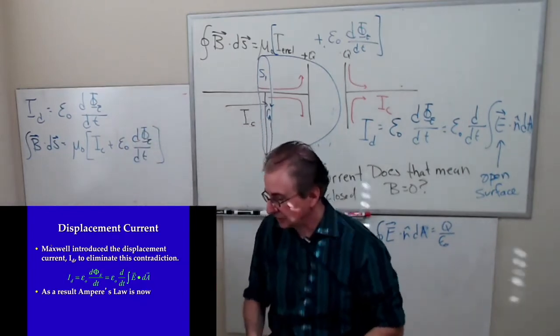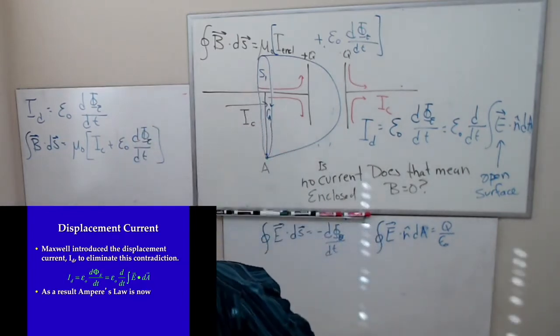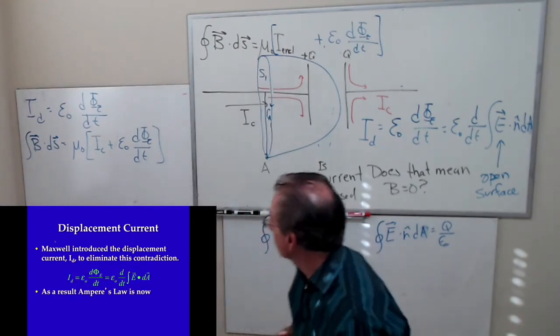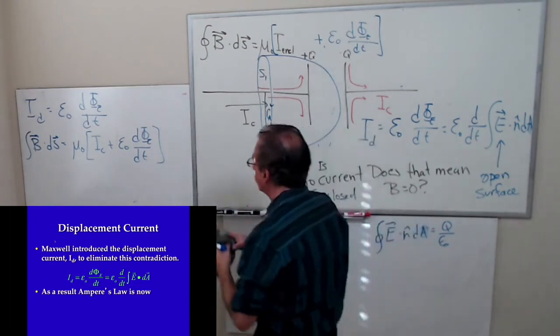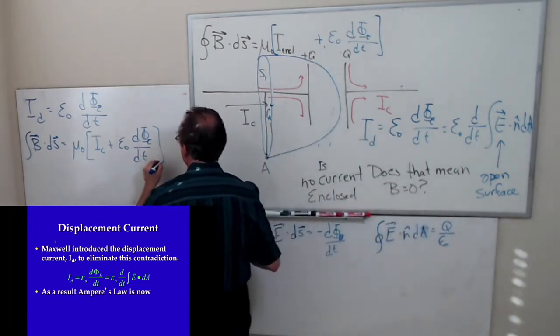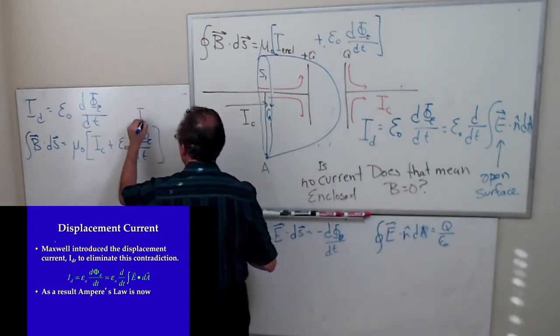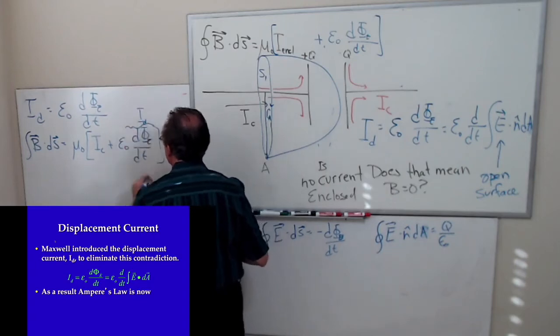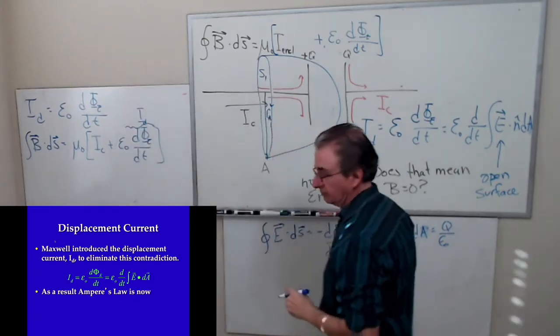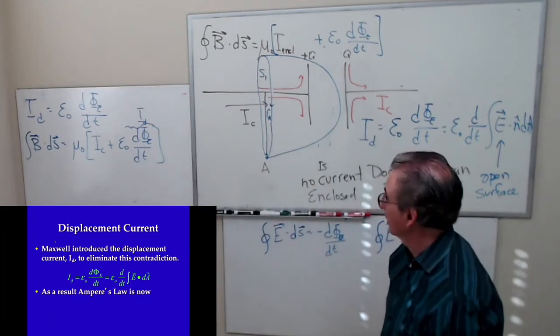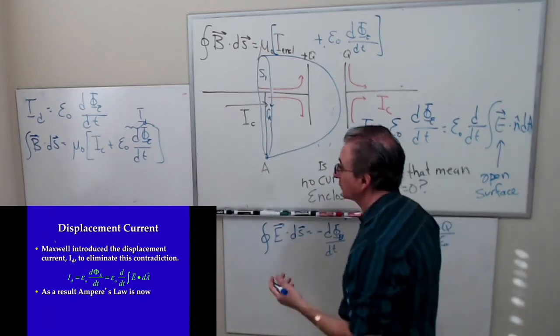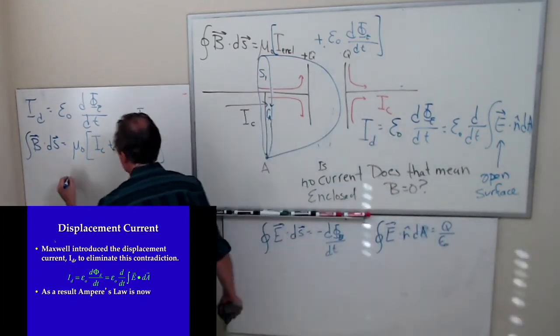So Ampere's law looks like this now. Okay? And this term is called a displacement current. You can also write it in the following way.